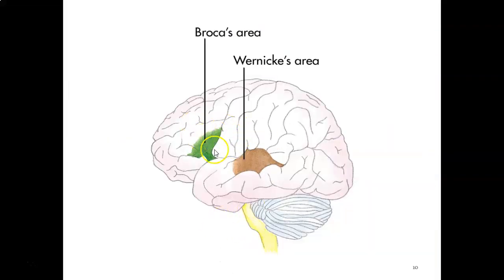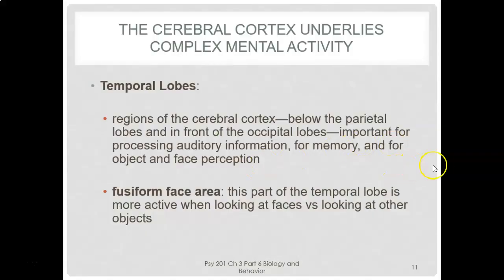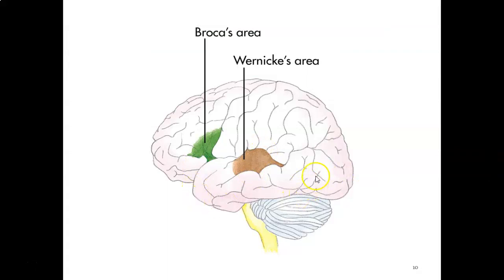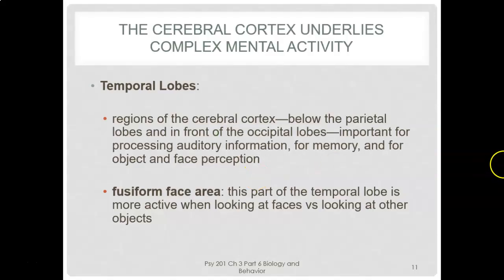So here we've got Broca's area on the left frontal lobe and Wernicke's area on the left temporal lobe. Now the temporal lobe, so this area right here, this is a region on the cerebral cortex, below the parietal lobe and in front of the occipital lobe.